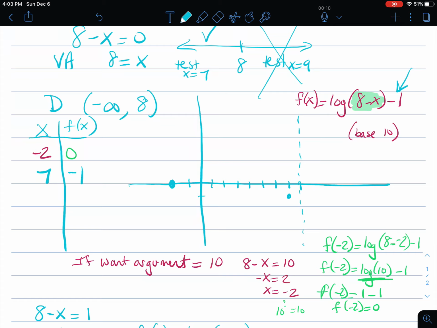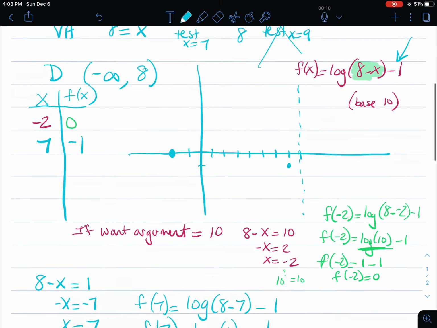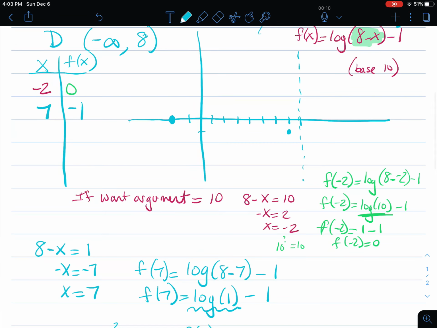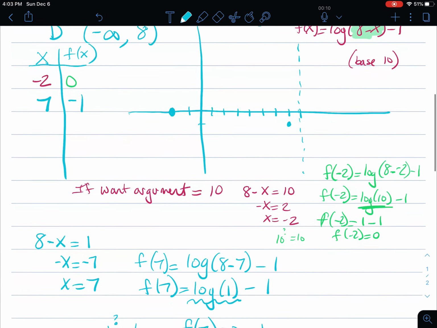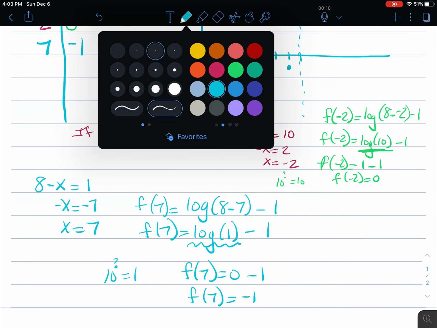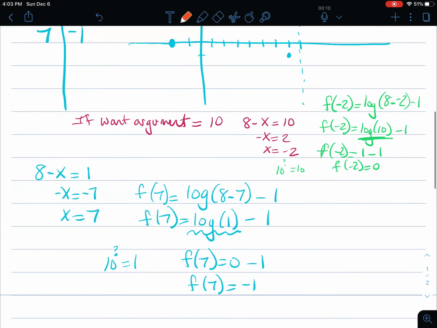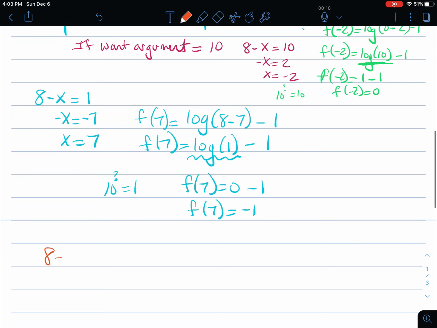Now we need at least one value very close to the asymptote. For this one, the argument is 8 minus x. I would really like it to equal 1/10, because that would play nicely. So let's say I want the argument to be equal to 1/10.